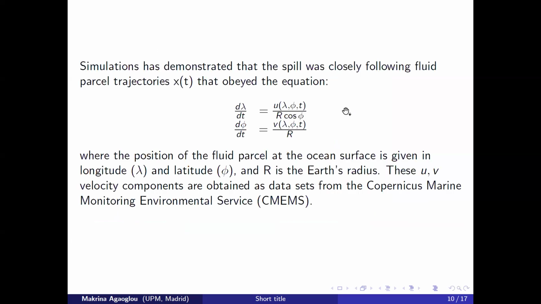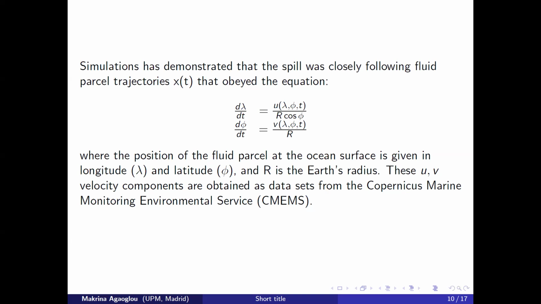So the spill was closely following fluid particle trajectories that obey a specific equation, a nonlinear non-autonomous dynamical system in 2 dimensions. And it is required for implementing the backward evolution of fluid particles in the previous expression. And then Lagrangian assertive quantification backwards in time will have different evaluations for different CMEMS datasets, right?